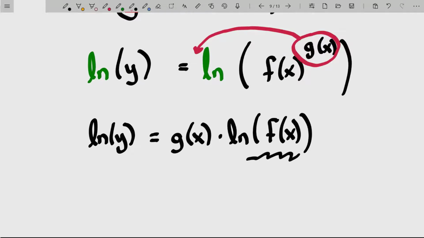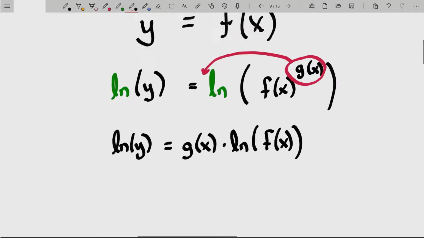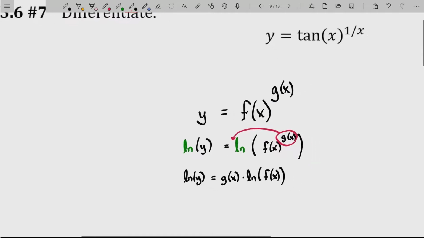Okay, fine. So I've got a chain rule when I take a derivative, but that's how I unlock it. So I can actually start working on this. And then I would just go ahead and take the derivative implicitly with respect to x of both sides. So let's see this in action with this example.